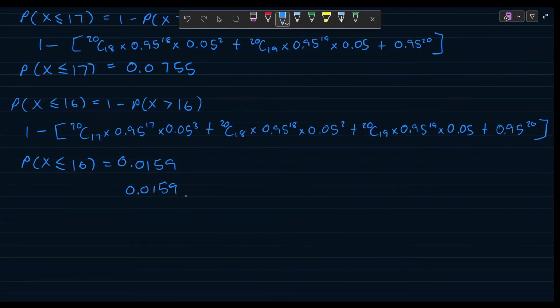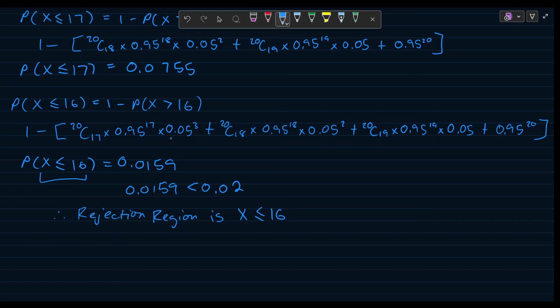So we can conclude that our rejection region is x is less than or equal to 16. So we're going to reject H0 if x is less than or equal to 16.